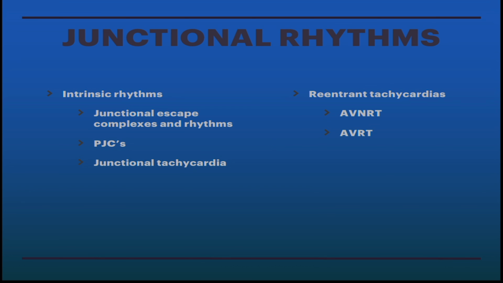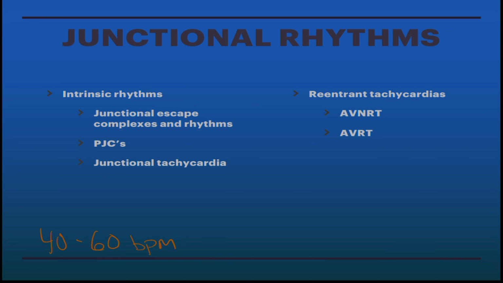Now that we've discussed the normal anatomy of an AV node, we can get into the different types of junctional rhythms. Your AV node is going to have an intrinsic rate of 40 to 60 beats per minute, right? And that can happen if for some reason there's a slowing down of the atrial rate.